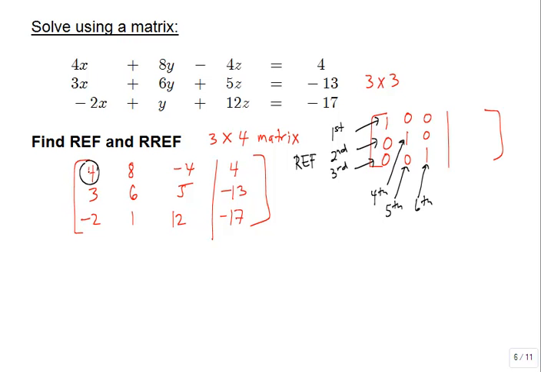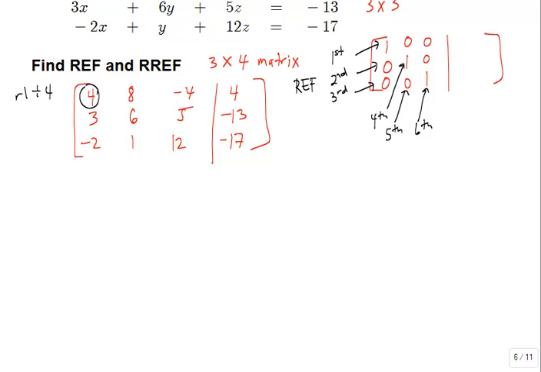If we divide this entire row 1 by 4, that's going to turn this 4 into a 1, and it's going to make these numbers get smaller, which is always a good thing. So that's what I'm going to do for my first step. I'm going to divide this entire first row by 4. So it turns into a 1, a 2, a -1, and a 1. And I'm not doing anything yet to row 2 or row 3.